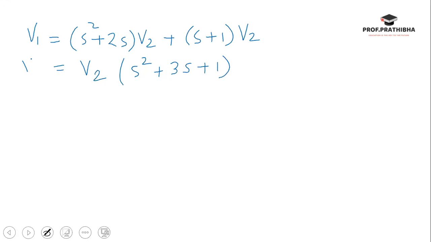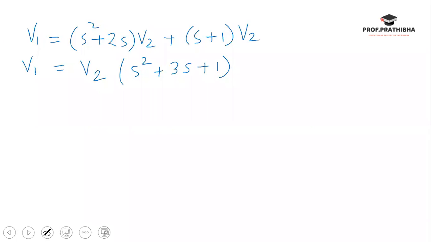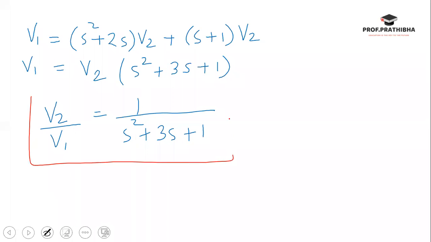Do you realize that we have reached our answer? I don't know whether you realize it, because our question was, what is V2 upon V1? So we have reached our answer. Our answer is V2 upon V1 is 1 upon S² plus 3S plus 1. So this is the final answer.